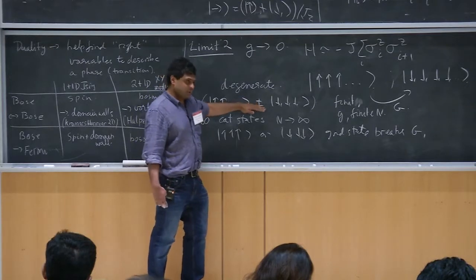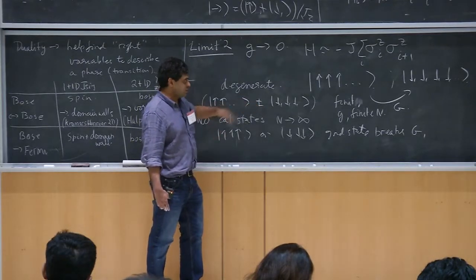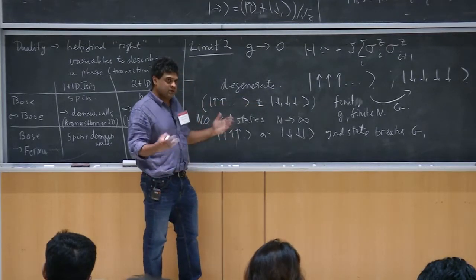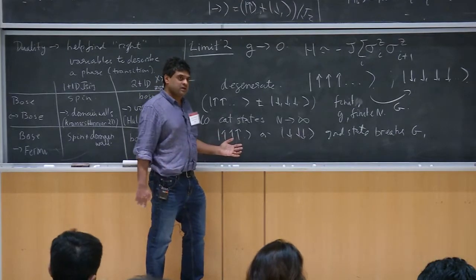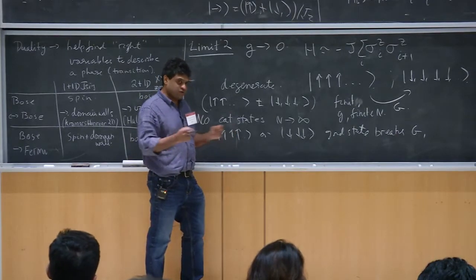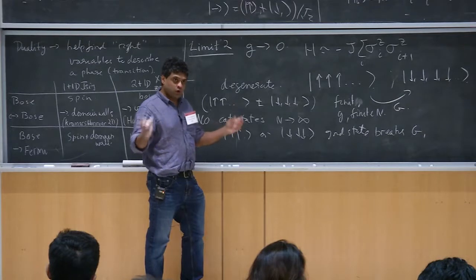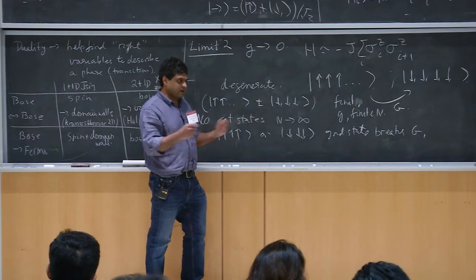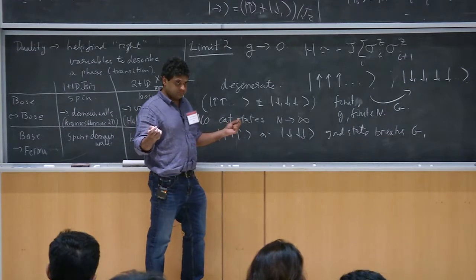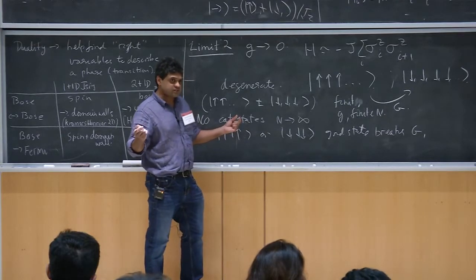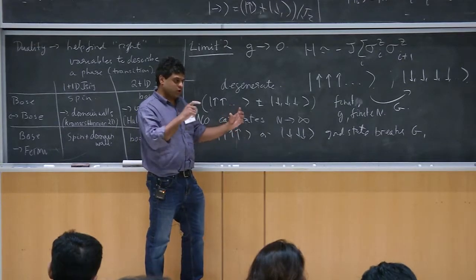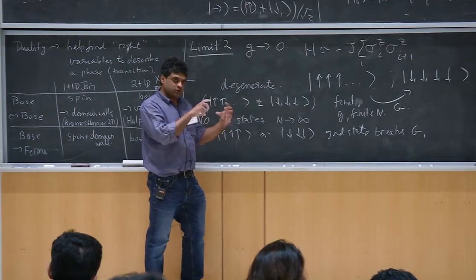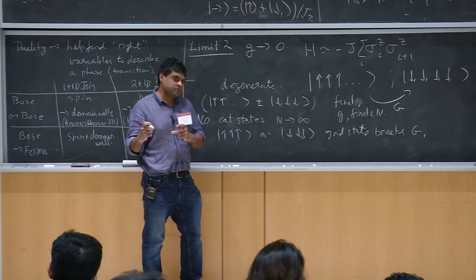So when people talk about clustering properties, there are certain properties you'd like to assign to nice many-body states. For example, if I take a correlation function of two local operators, and these operators are separated by some large distance, then you expect that correlation function should reduce to the individual expectation values.